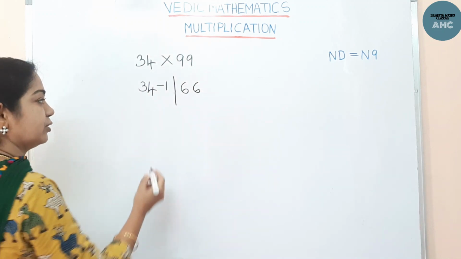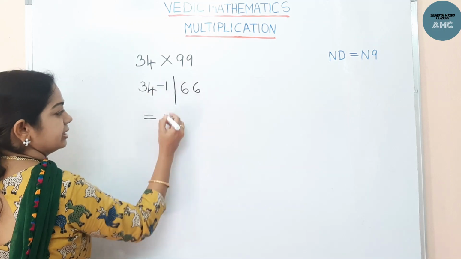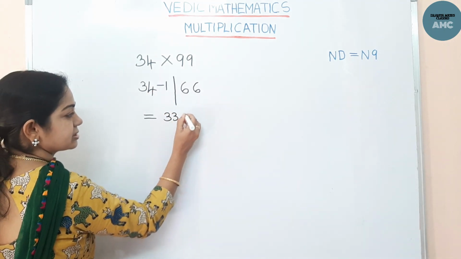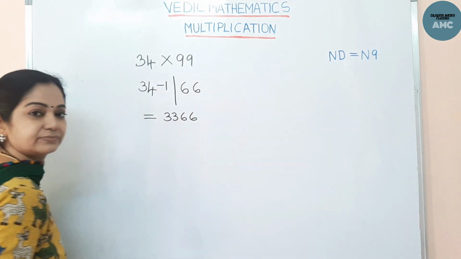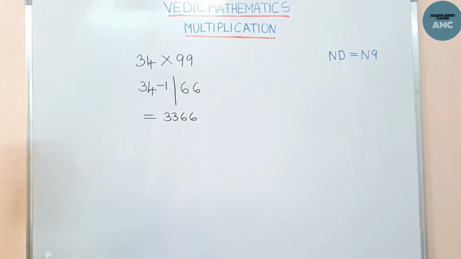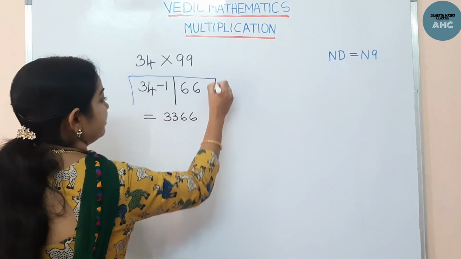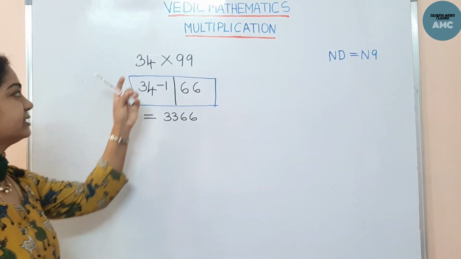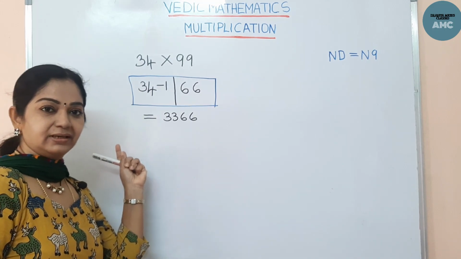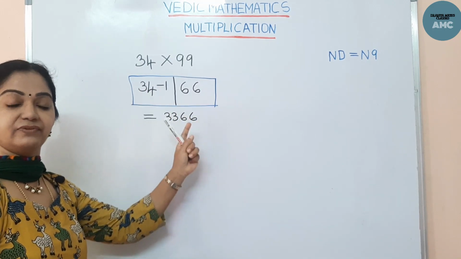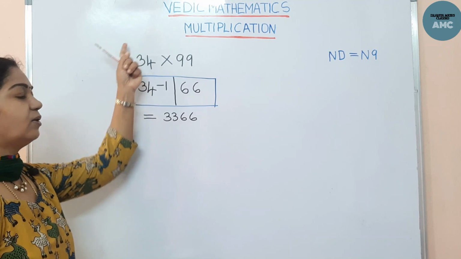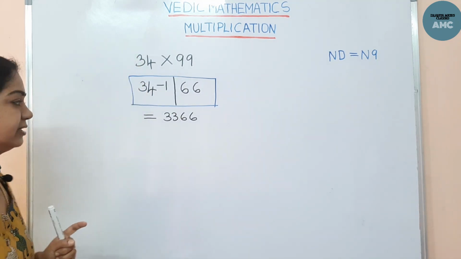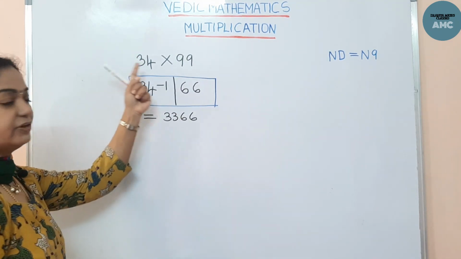So the product, the answer here, is 3366. The answer will be divided into two parts. The first part is decreased by 1. Then for the second part we do all from 9, last from 10. So this is the product of 34 into 99.